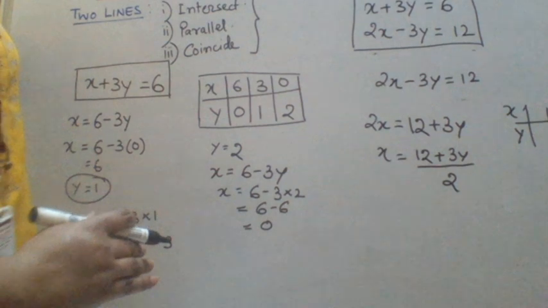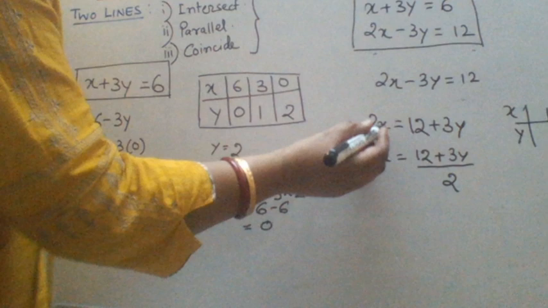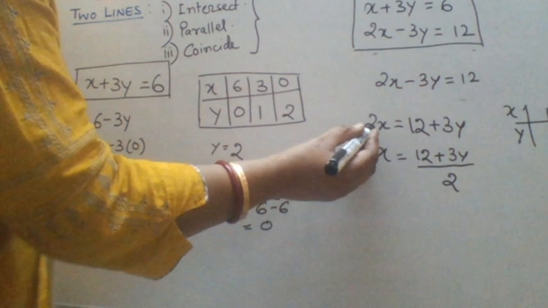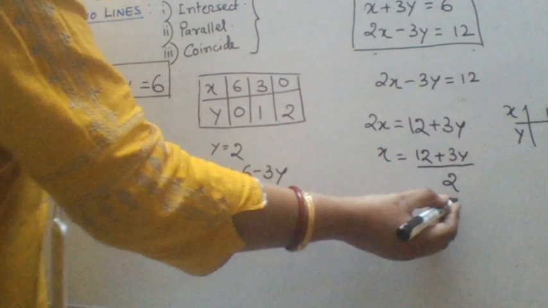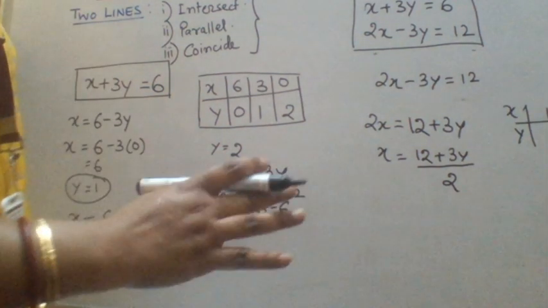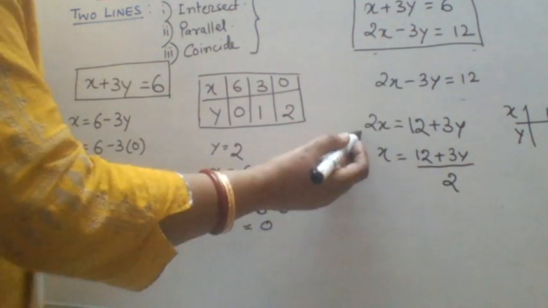Keeping that in mind, I ask you to prefer that particular variable where the coefficient is 2 or 5 to keep on the left hand side, so that in the denominator you have either 2 or 5. If that is not possible, then of course you move with the other coefficients, but if 2 is there, you try to calculate the value in this manner.